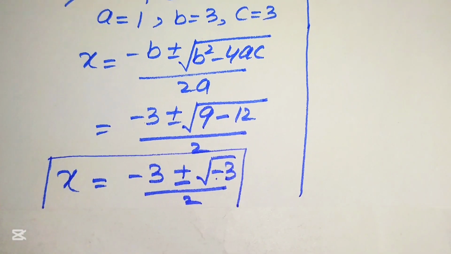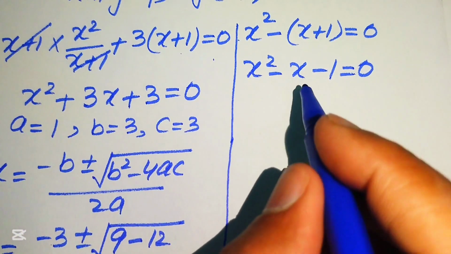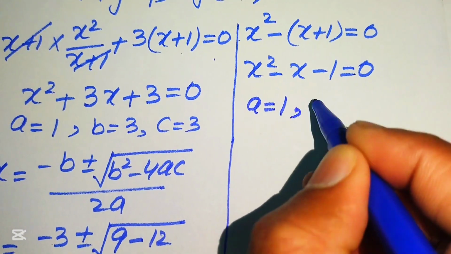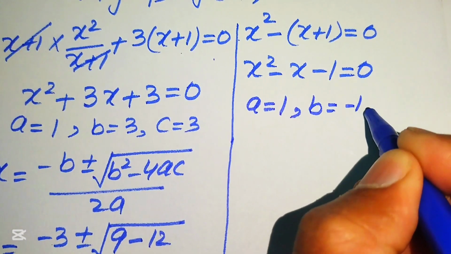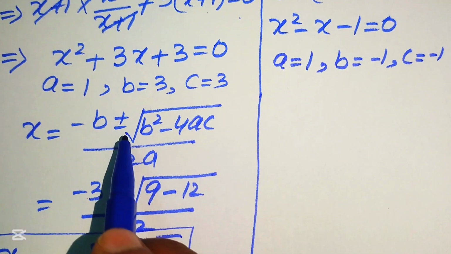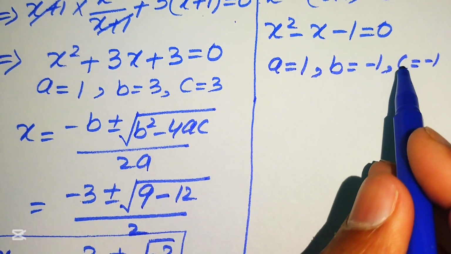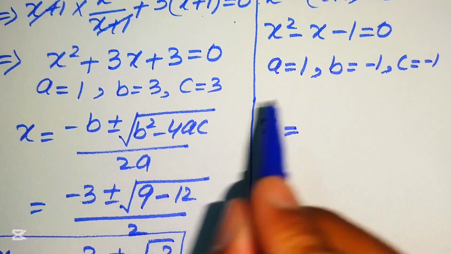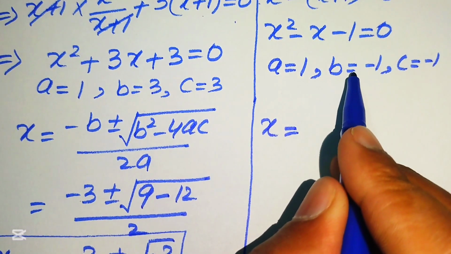Okay, so here we move towards our second case, and here we again apply the quadratic formula. We write the coefficients of this equation: a equals to 1, b equals to minus 1 and c equals to minus 1. And this is our quadratic formula, and now we substitute all these values here. It will be written as, first we have minus b. So in this case the value of b is minus 1.